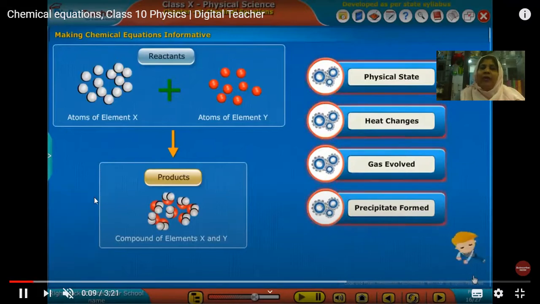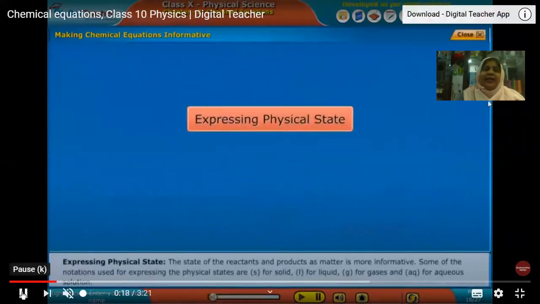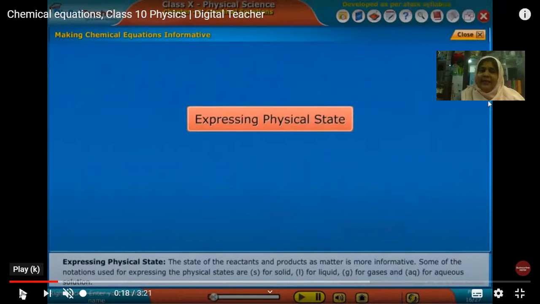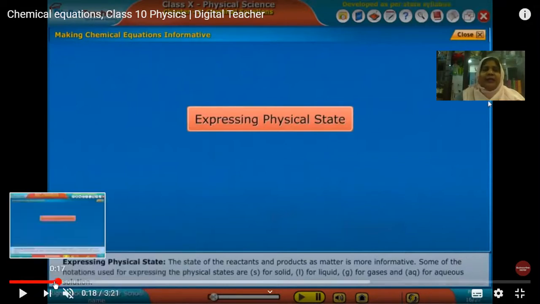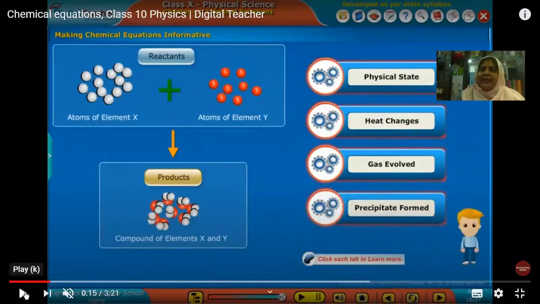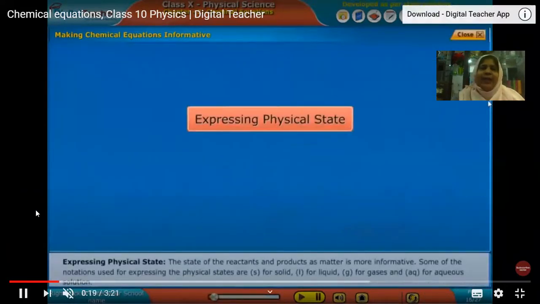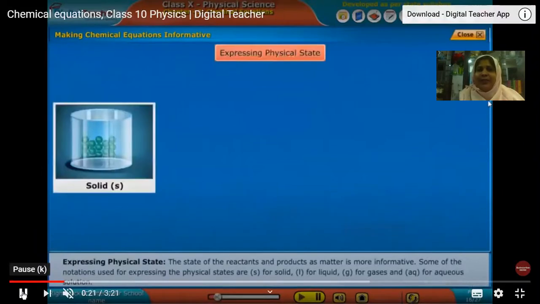Whenever reactions take place, there are four types of things that happen. There is the physical state and the change in the physical state, then heat is used or heat changes, gas is evolved, and precipitate is formed. Let us check one by one what happens. In physical state, it is expressing its physical state.